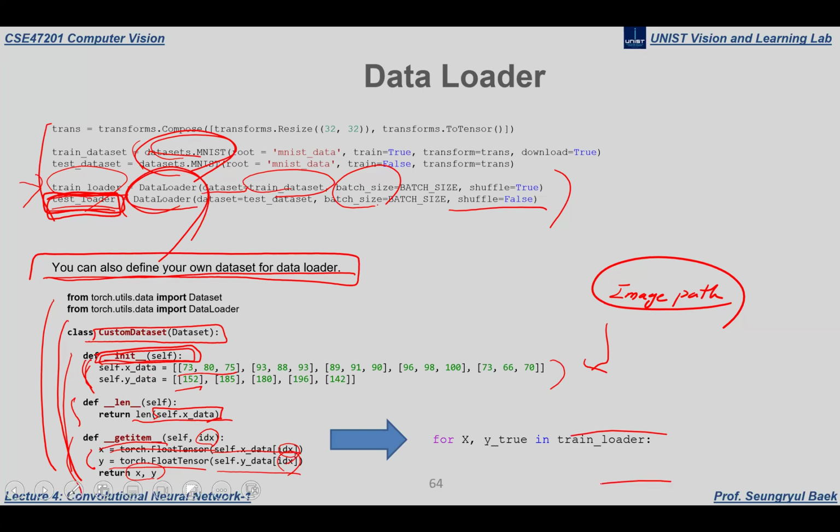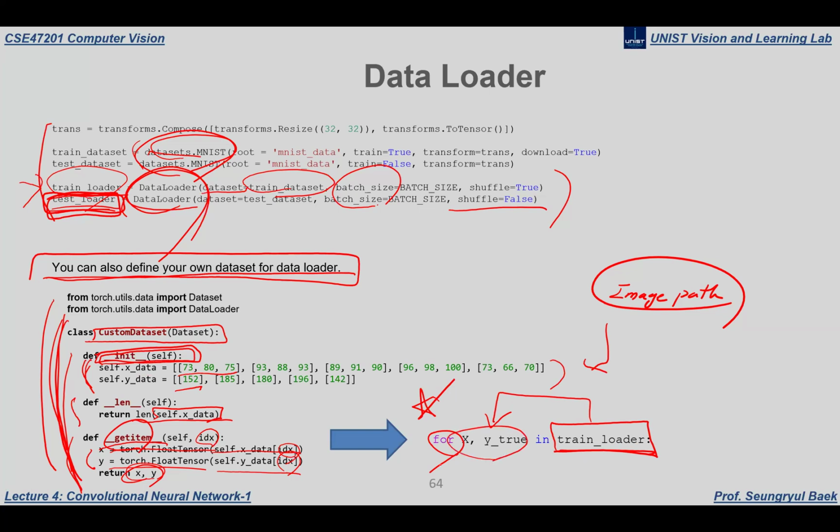And actually, this is a very important thing. If you define your dataset class like this, and define the get item method to return this XY, then you can make your train loader and directly use this data loader inside the Python for loop.